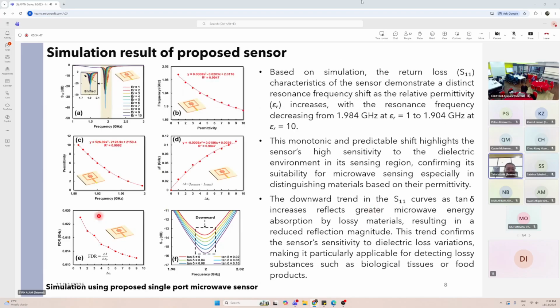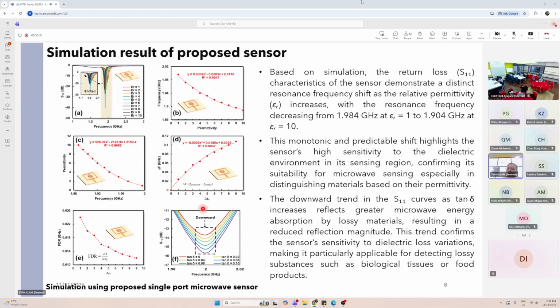Okay, we also simulate the sensor to detect permittivity in the range 1 until 10, and after that we also analyze with a different tangent delta. Based on simulation, the return loss S11 characteristic of the sensor demonstrates a distinct resonant frequency shift as the relative permittivity increases, with the resonant frequency decreasing from 1.984 GHz at ER 1 to 1.904 GHz at ER 10.